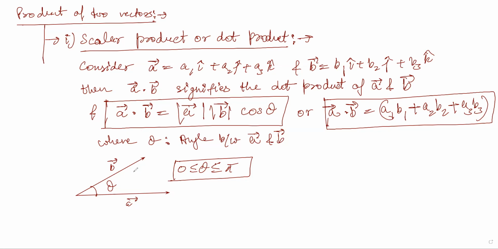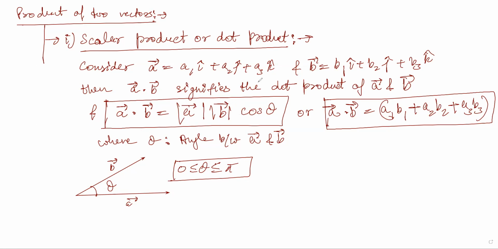So it's a geometrical representation of the two vectors, in which vector A is something like this and B is something like this. So they would be inclined with each other at an angle theta. If that angle theta is known and the magnitude of the vectors is known, then we can find out A dot B using this formula.